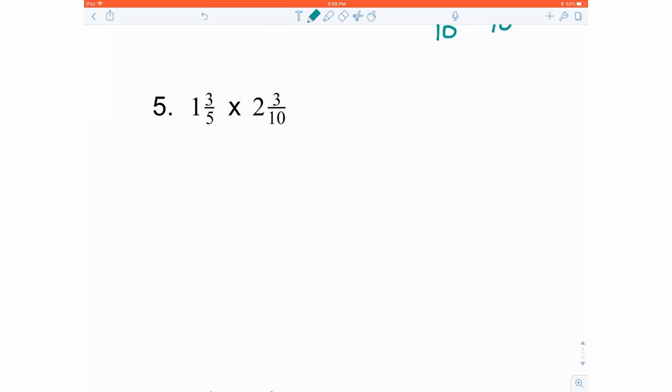Now remember, we make mixed numbers into improper fractions by adding a little multiplication sign here and a little plus sign here. Multiplication sign here and a plus sign here. So 5 times 1 is 5, plus 3 is 8.